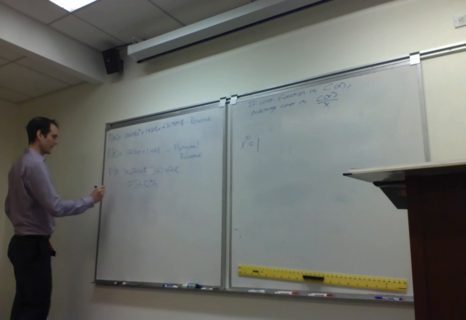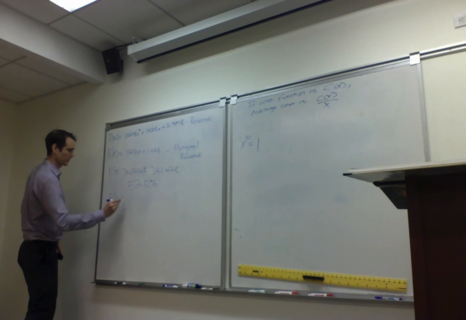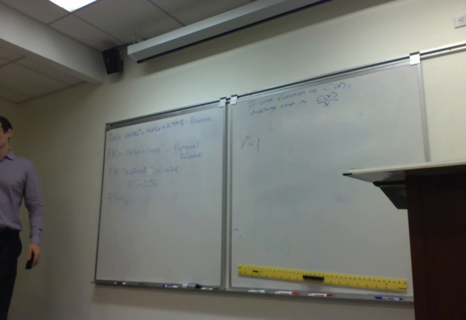Okay. The last question, the marginal revenue at 700 million bushels.